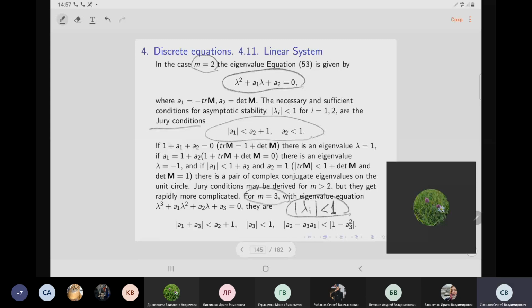Or there is another way. There is a function that connects the condition of stability for our continuous case and for the discrete case.